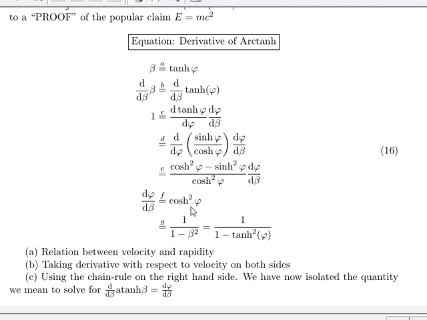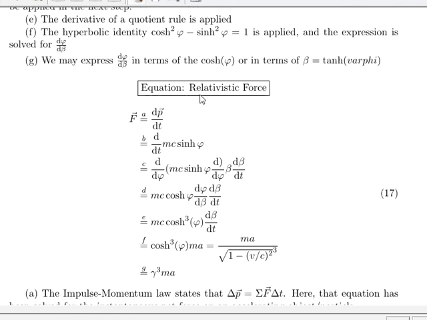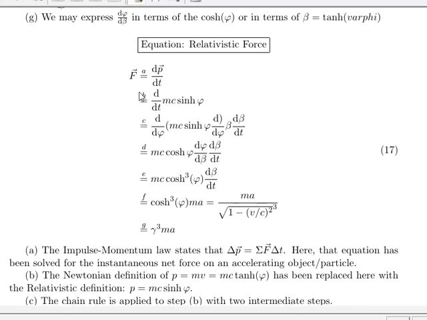Okay, so now knowing that the derivative del phi del beta is cosh squared phi, it may be of interest to see what happens when we think about the equation of relativistic force. The impulse-momentum law states that delta p is equal to the net force on an object times the time that net force is acting on it.